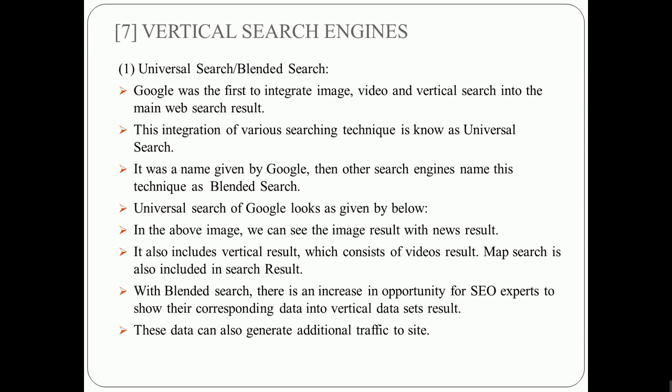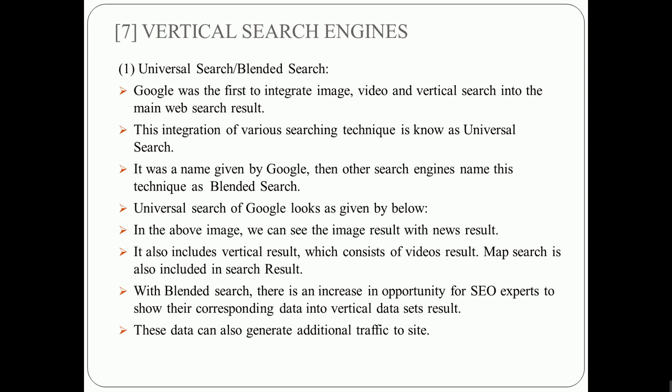So now the next is a universal search or a blended search. Google was the first to integrate image, video and vertical search into the main web search result. Google gives all types of facilities to the user to search particular things on a single result.